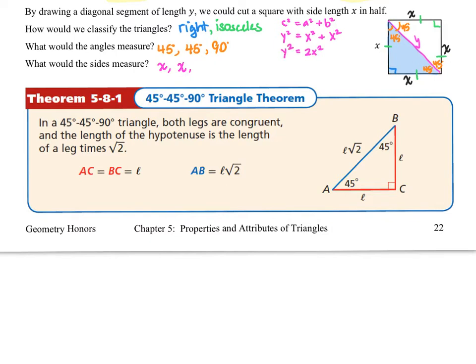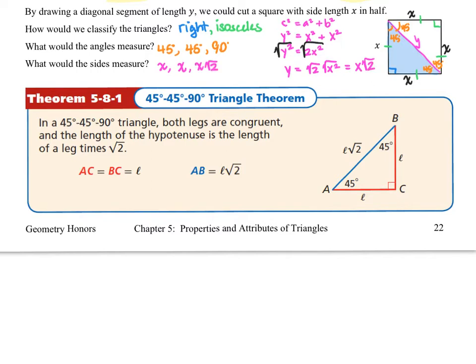And then we're solving for y, so we're going to take the square root of both sides, and we're going to end up with y equals square root of 2 times square root of x squared, which we know is just x, so that's going to be y equals x times the square root of 2.